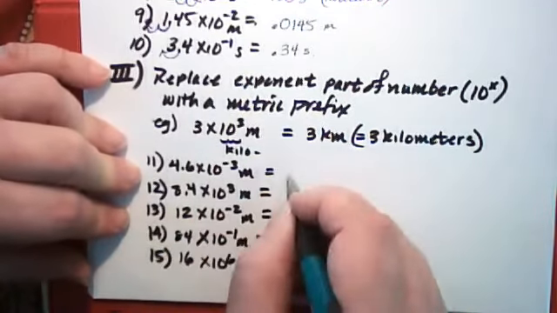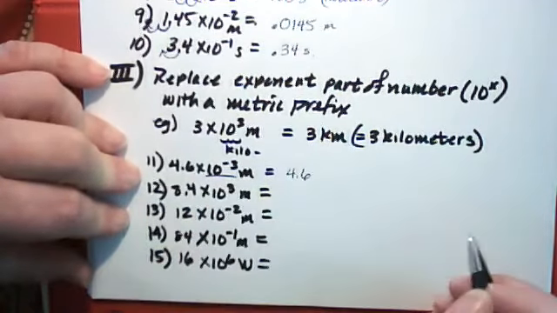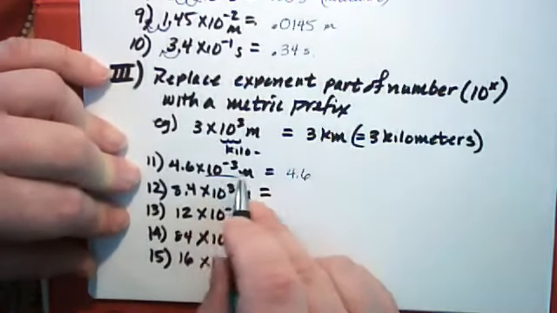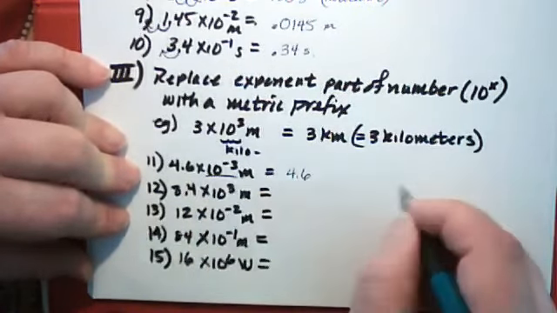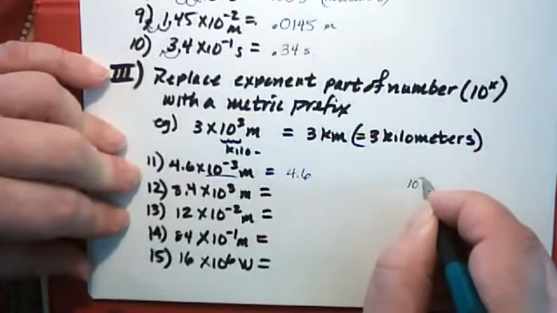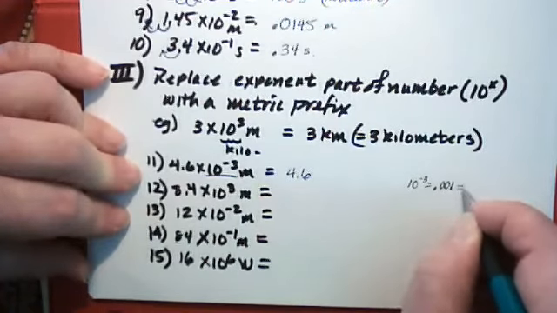The part of the number we're concerned with here would be the exponent. So we know that it's going to be 4.6 something. 10 to the minus 3 corresponds to 1/1000th, or 0.001.